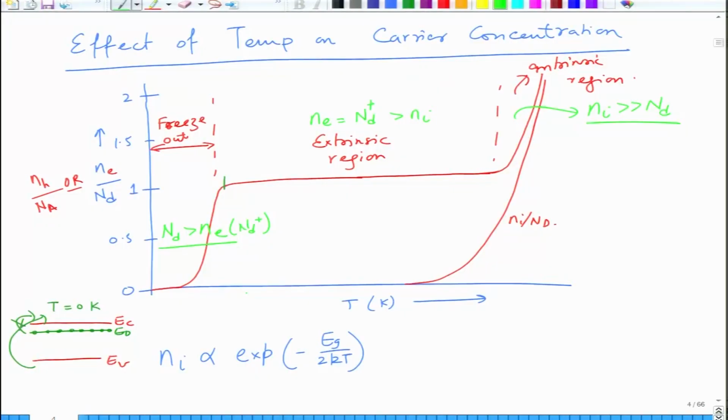What happens at low temperature, for example? We looked at 0 Kelvin. At low temperature, this is the valence band, so this is EC, EV, ED. You had some electrons hopping over here, and all the electrons from ED have hopped over.